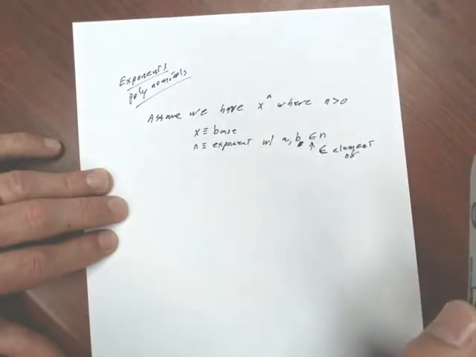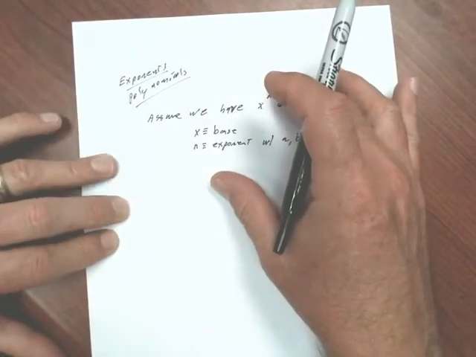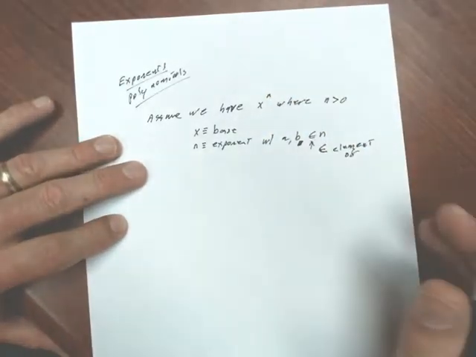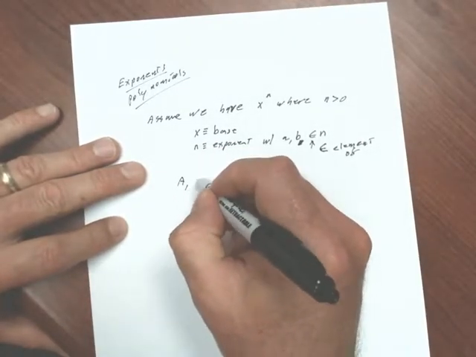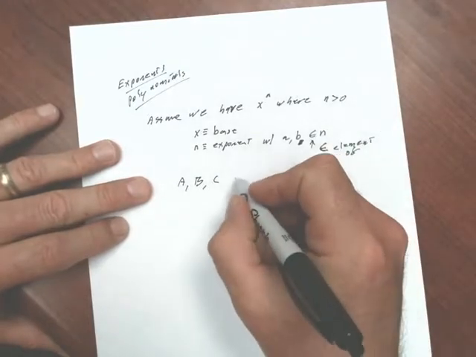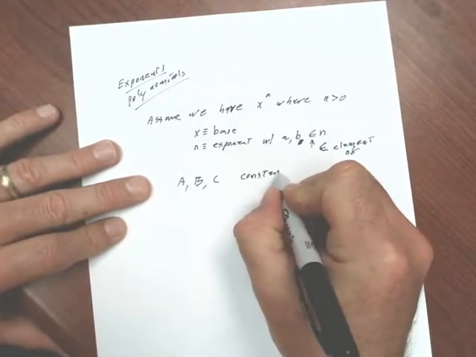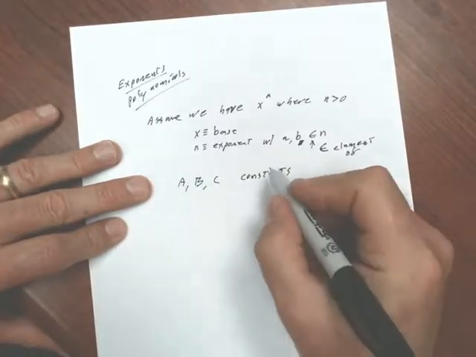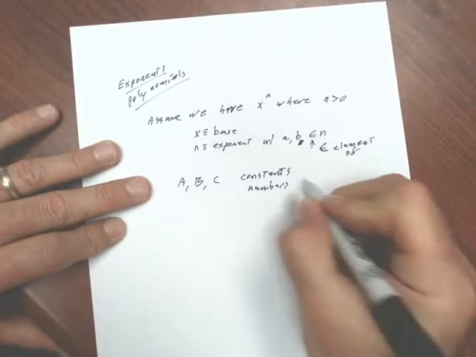Now, another thing I want to make you aware of. We have x here. Earlier we were working with A, B, and C. We call A, B, and C constants. In other words, they're just numbers, and they're fixed numbers.